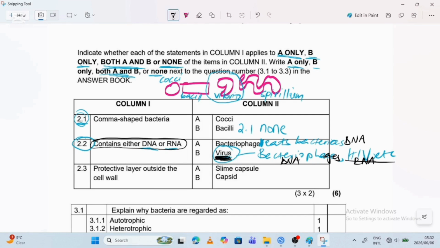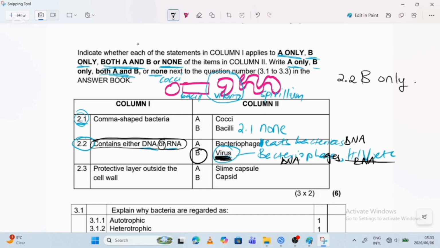So we're talking about viruses here, the class. We're not talking about one virus, because one virus contains one of them, not DNA or RNA. So the answer for 2.2 will be B only.